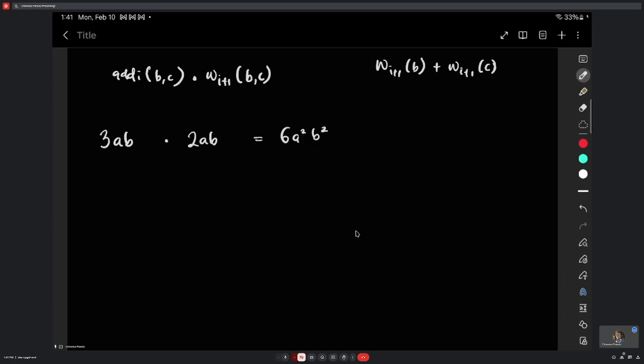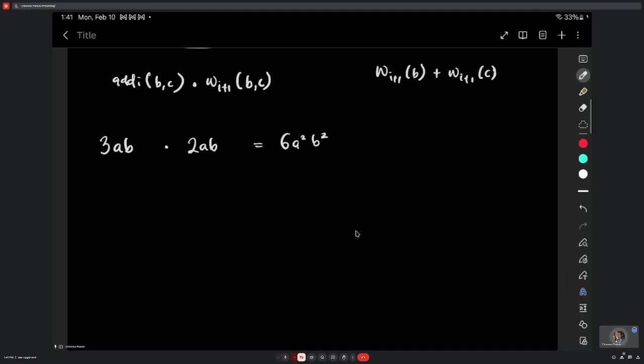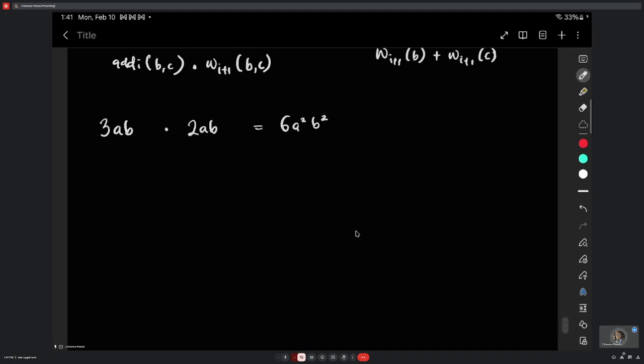Actually, okay. We can work with these two multilinear polynomials, or we can work with the non-multilinear one. Let's do an example. Say we want to evaluate this polynomial. These two are still the same thing.